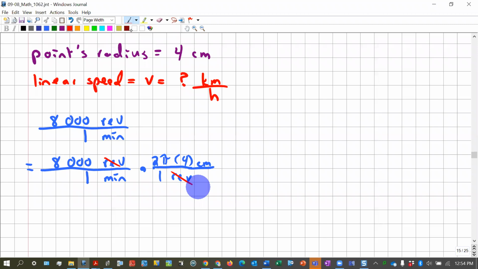Okay, we have centimeters, we want kilometers. 100 centimeters is 1 meter. 1,000 meters is 1 kilometer. So now the numerator is in kilometers, which we want. But the denominator is in minutes, and we want hours.